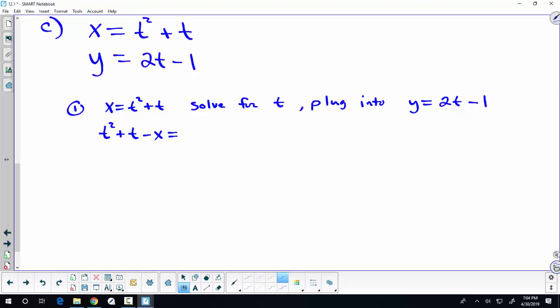You're right, yeah. So there's 2 ways to do this, like we said. We're going to do it this way, and then we'll do it the other way, where we solve y equals 2t minus 1 for t, and then plug that in for x. So let's say quadratic formula with a equal to 1, b equal to 1, and c equal to negative x.